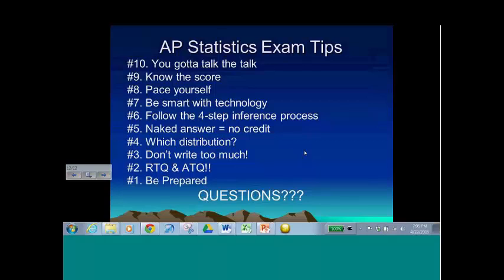Most of them are conceptual, and my students will tell me that they don't use their calculator very often, especially on the multiple choice section, because, again, most of the questions tend to be conceptual. On the free response, you've probably seen more free response questions. There's a mixture of conceptual and sort of calculation or skill questions, but again, I would say that there's a definite favoritism towards conceptual questions.